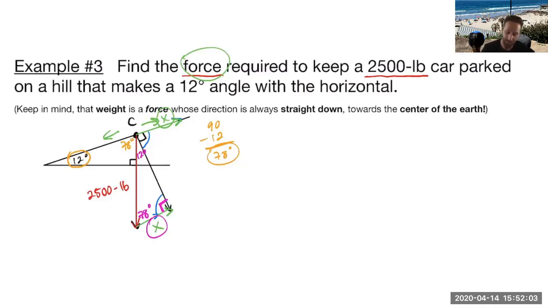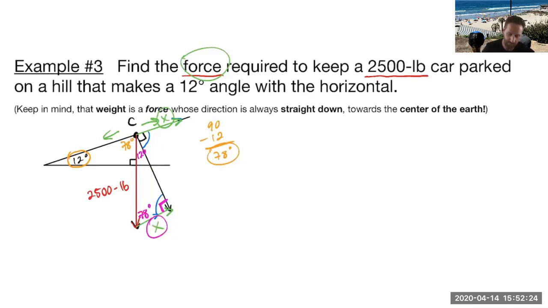So what I'm going to do over here is I'm going to use either the 12 or the 78. Just depends if you like sine or cosine better. But most people will use the 12 because it was what was already given up there. But I'm going to go ahead and use the 78 down here because you can see that a little bit better and more clearly.